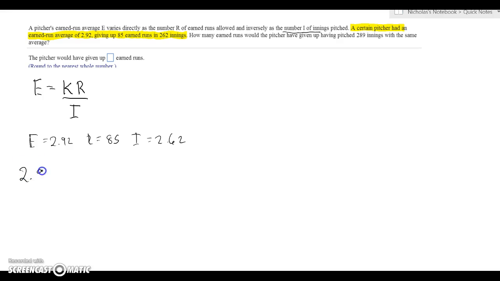So we get 2.92 is equal to K. And then where I see that R, we're going to put 85. And then I is going to be 262.